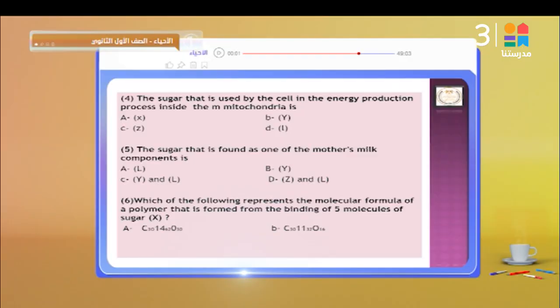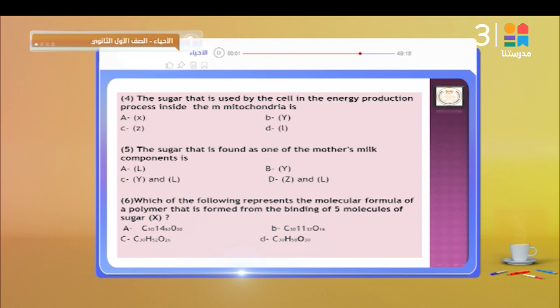Which of the following represents the molecular formula of the polymer formed by the binding of 5 molecules of sugar X?